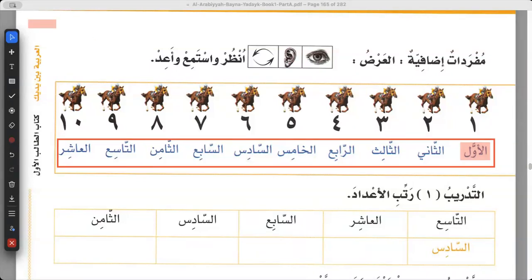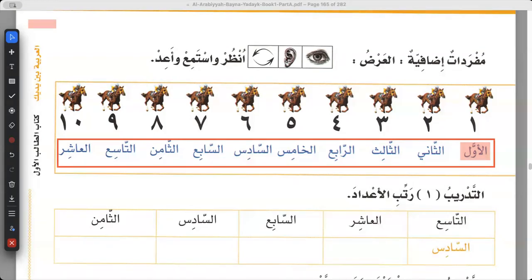Instead of al-awwal, you say al-wahid. And the feminine will be, who can tell me the feminine?